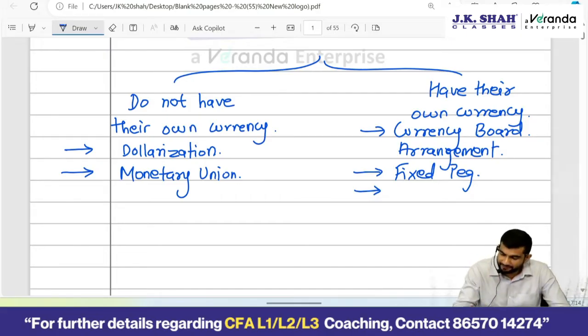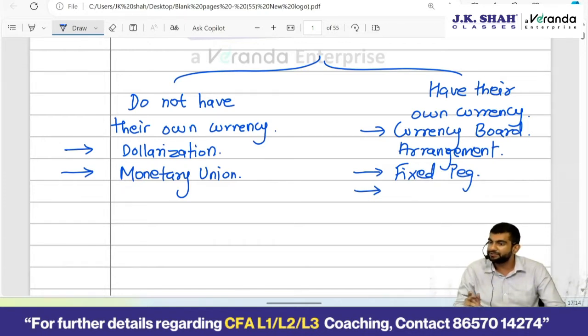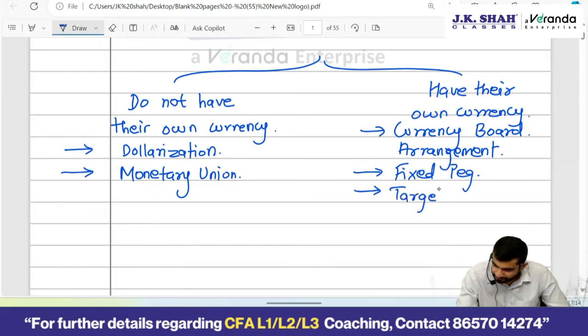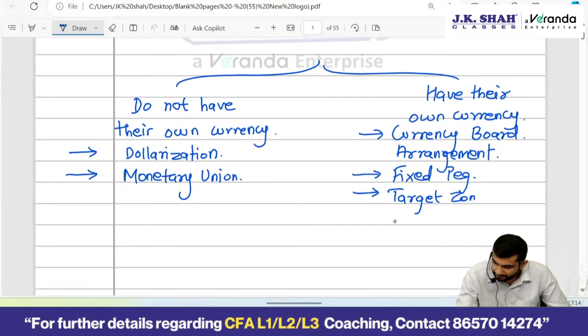Okay, now a fixed peg with some bandwidth allowed, plus or minus 2%, it's called what? Target zone. Now after target zone there was crawling peg.